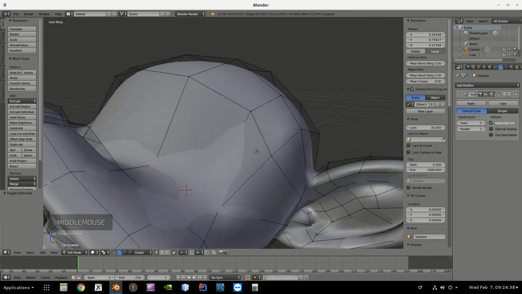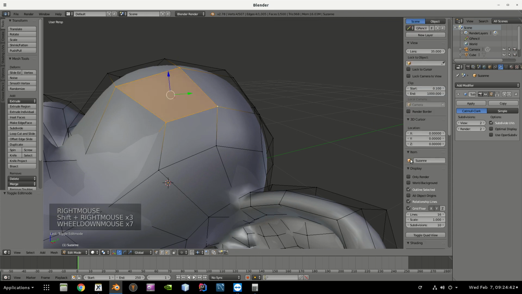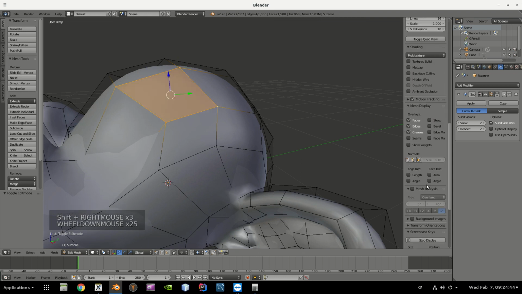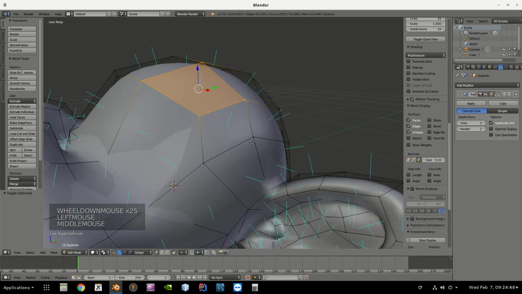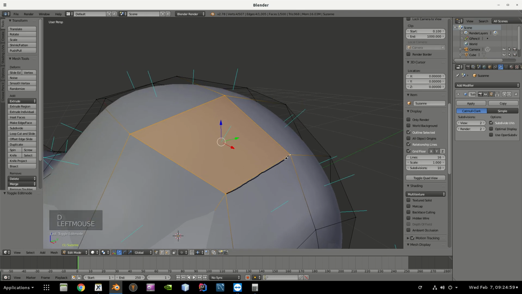If I wanted to talk about this particular surface, let us enable these nice little normals. You can see the normals are going in all different directions. How can we find the surface normal here? The trick is you need to find the vector that goes from this point to this point.